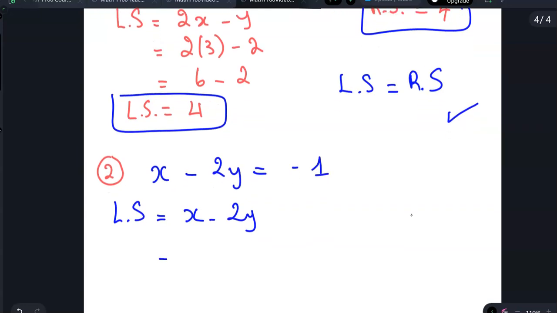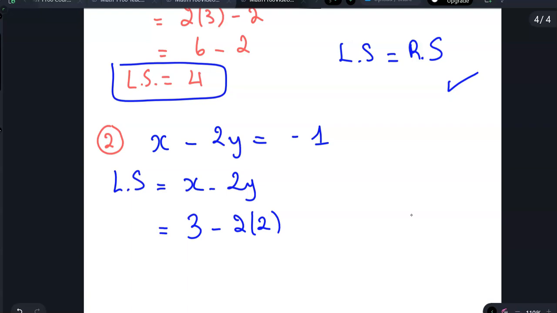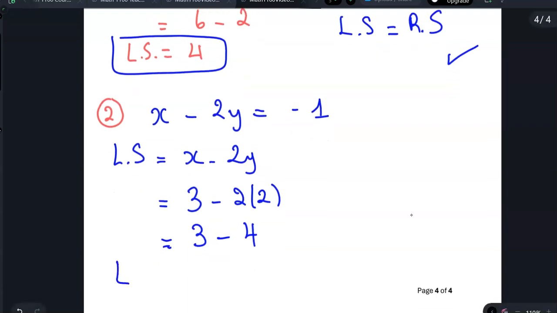So x is 3, and 2 times 2, because y is equal to 2. So 3 minus 4, therefore the left hand side is equal to minus 1.